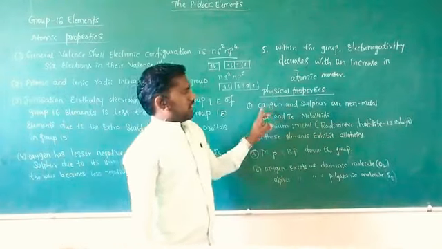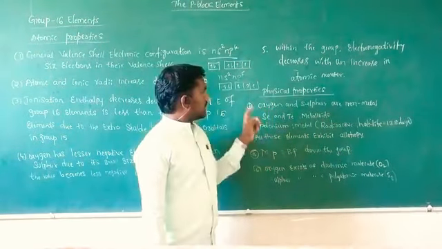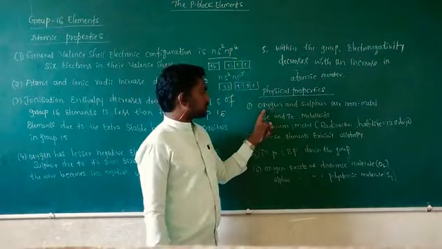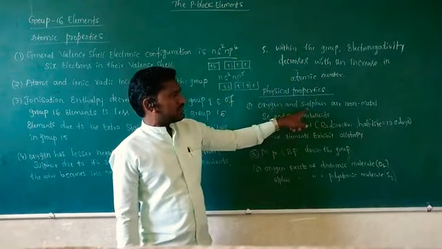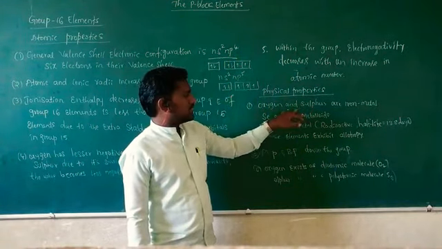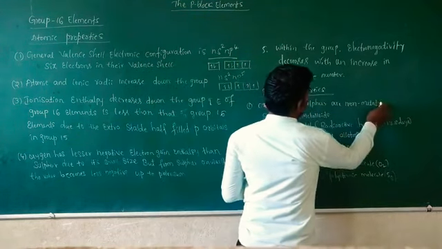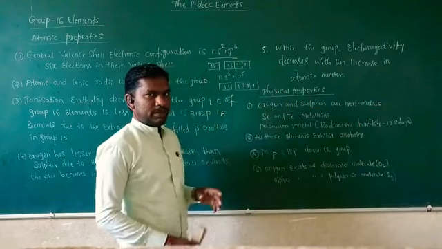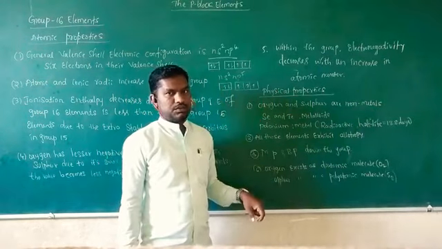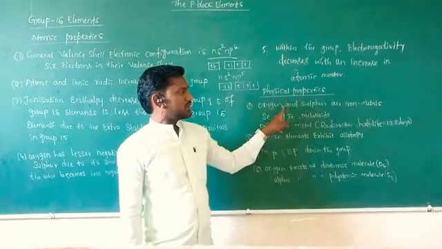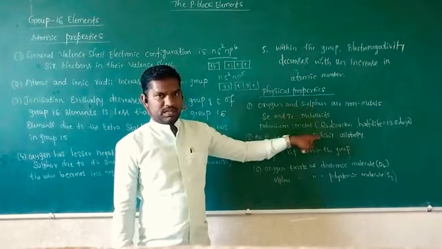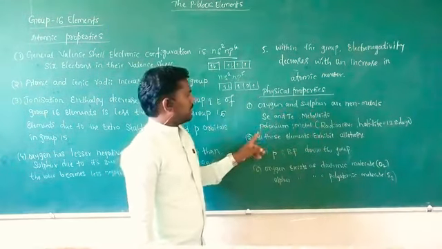Physical properties of group 16 elements, ns2 np4. Oxygen and sulfur are non-metals. Metallic character increases down the group, so these two are non-metals, then metalloids and metals.